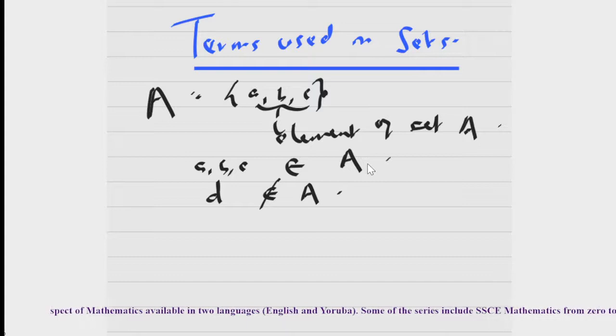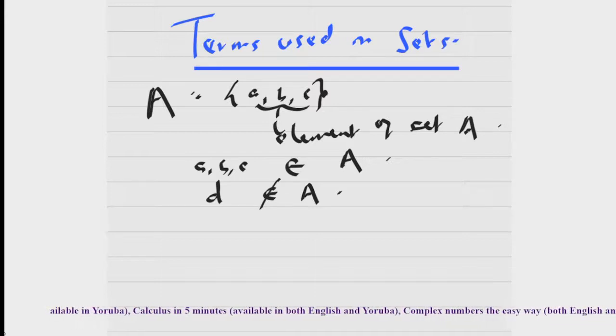I told you a set is enclosed within braces, and I gave you many ways you can describe your set. For example, in tabular form, you can describe it algebraically, using set builder notation, and you can use words as well. Likewise, I described some of the types of sets, like finite sets, infinite sets, empty set, and singleton set.